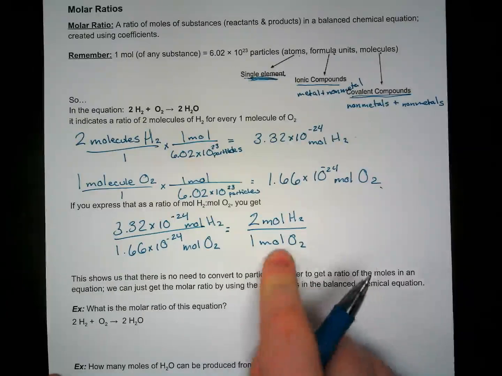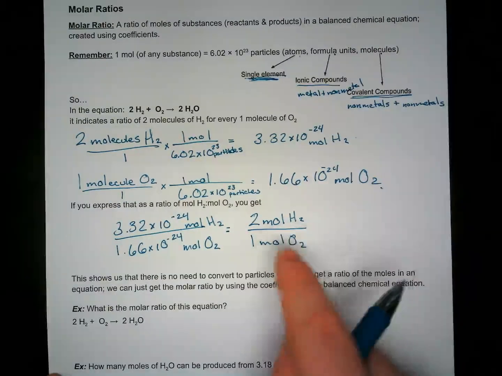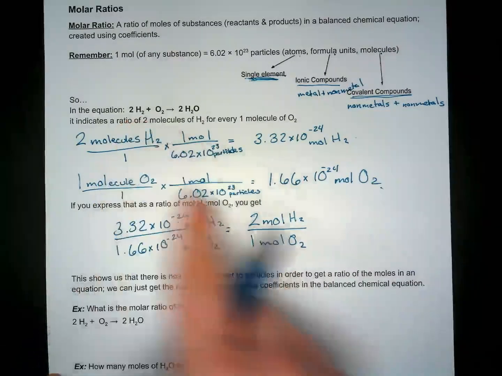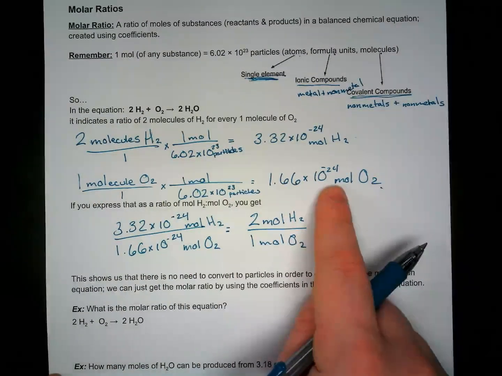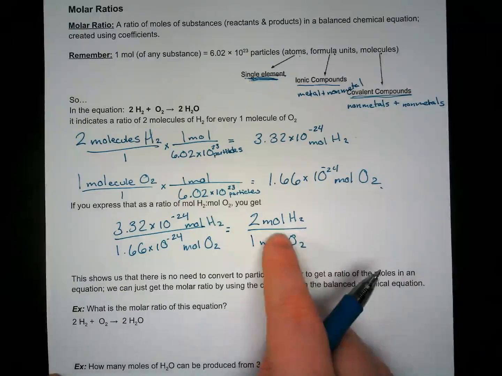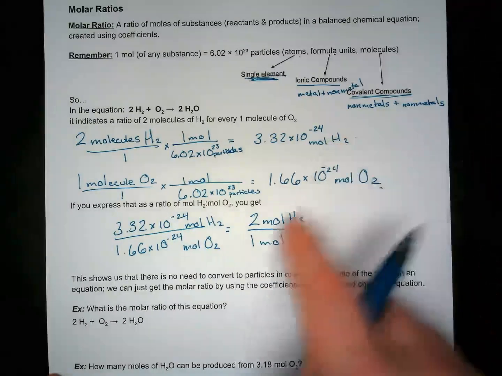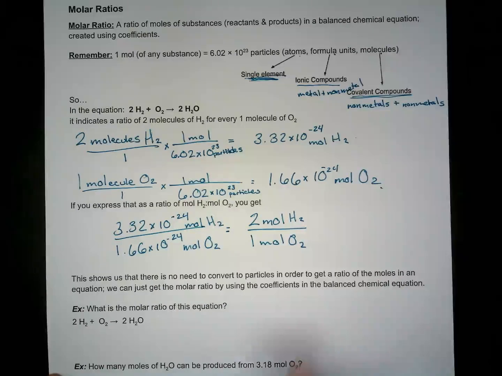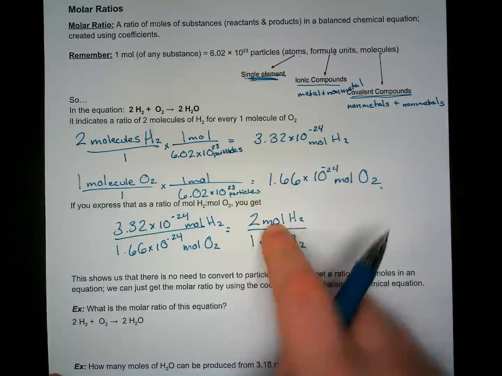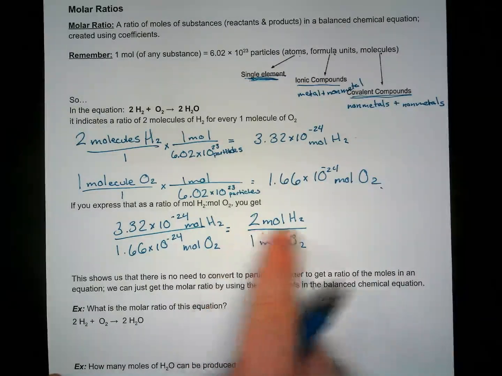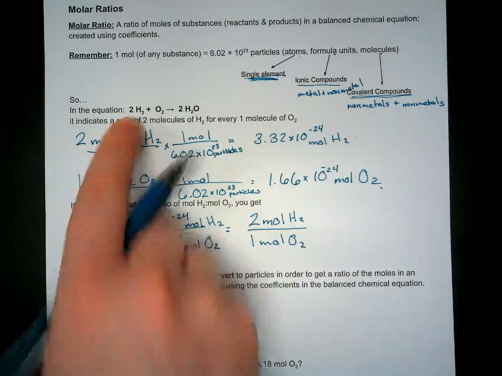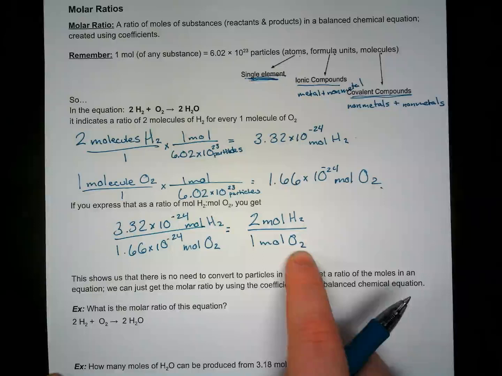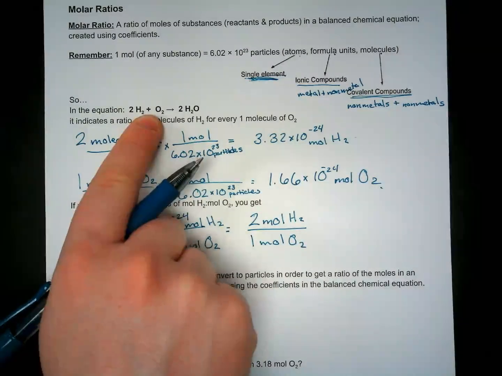So what we just proved here is that we don't have to convert to the actual number of molecules, because the ratio of the number of molecules is still the same. Not only is it the same here to here, if we notice, 2 moles of hydrogen gas, we have a coefficient of 2 up here. 1 mole of oxygen gas, we have 1 molecule up here.